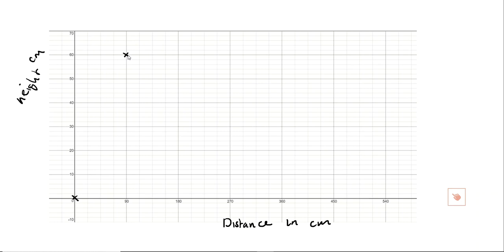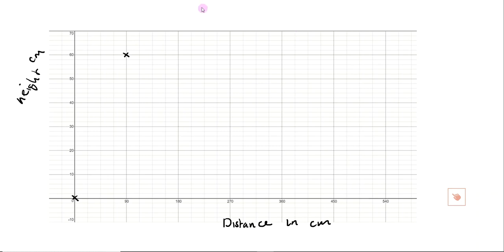As the car travels for 540 centimetres, that's only 5.4 metres, because obviously it was a fast deflate of the tyre and you notice straight away. But you can carry on that curve assuming no deflation of the tyre, no change in height, and then you're going to figure out the function.